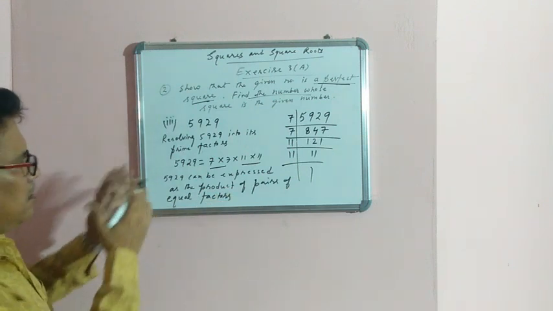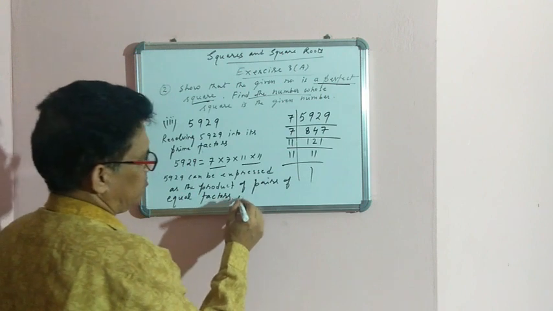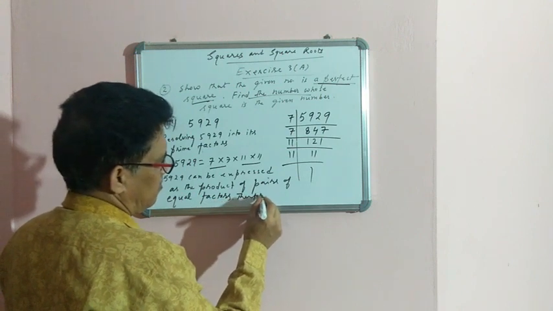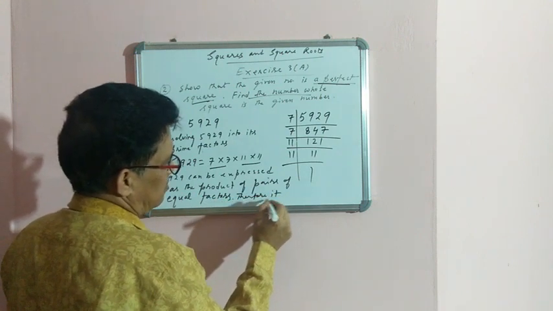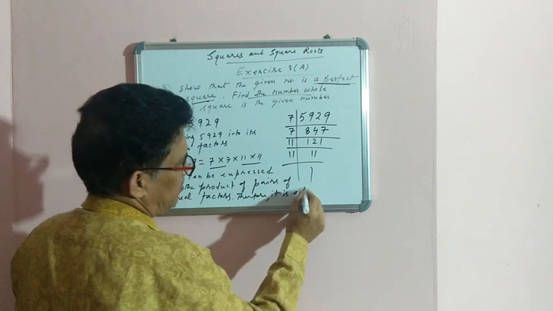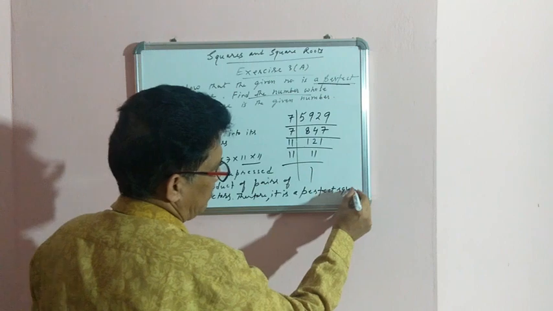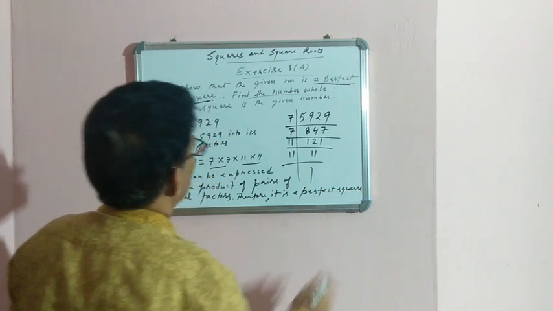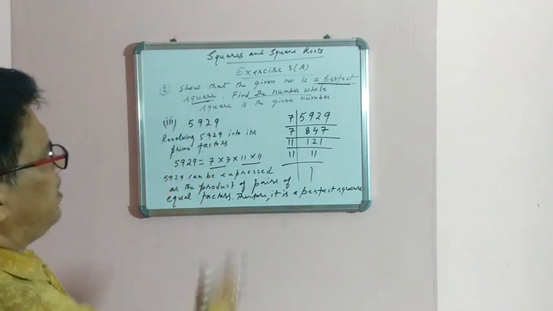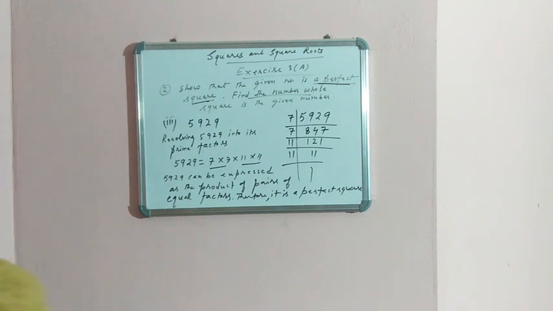Therefore this is a perfect square. Now we have to find the number whose square is the given number.